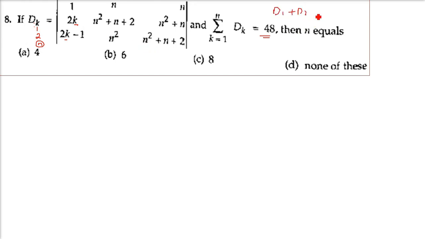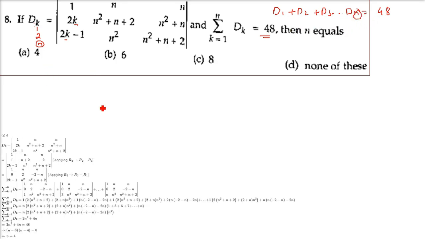In place of k you have to replace 1, 2, 3 like that. And if this is equal to 48, then what will be the value of n so that this addition is equivalent to 48? So let me resolve these first, and then we'll try to solve this.